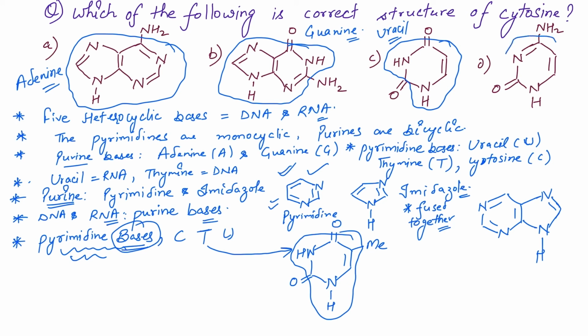So hopefully we have understood the basic structure. Again, if we look at the D option, there is a common pyrimidine structure in it also. So our C and D are pyrimidine bases and D is known as cytosine. It contains an NH2 group.